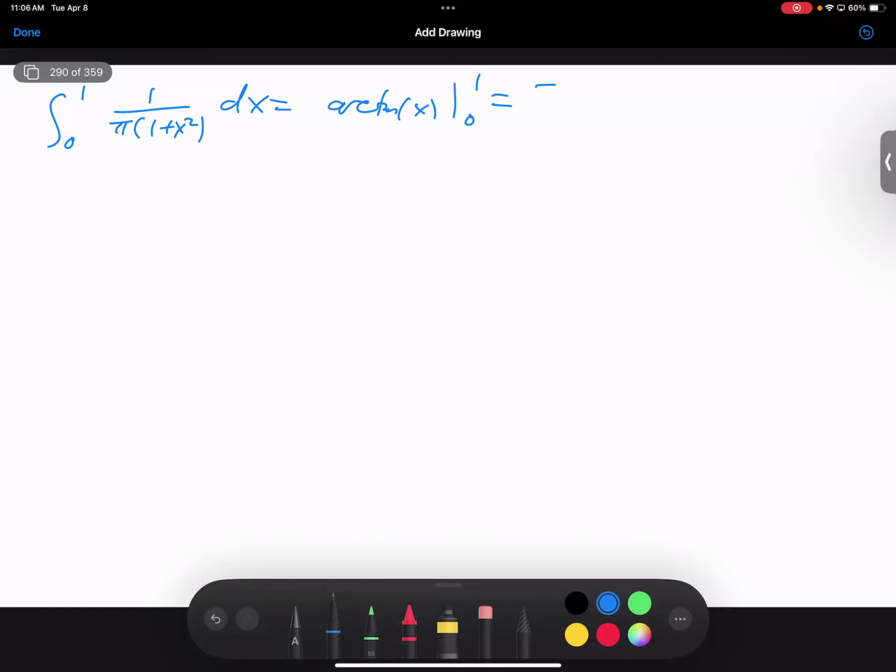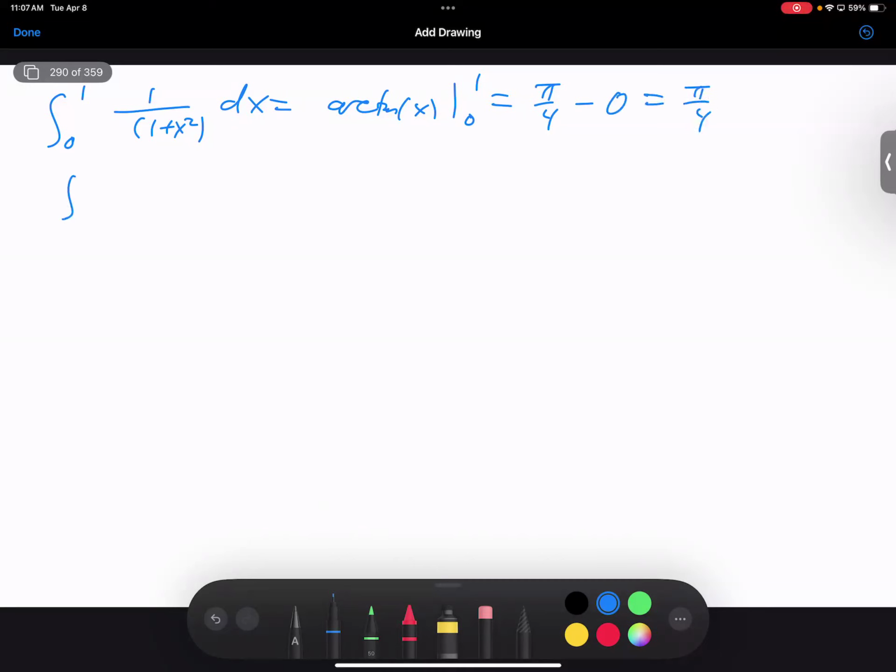So you just get pi over 4. No, sorry. There's no pi when I'm doing it like this. It's just pi over 4. And then what angle has a tangent of 0? 0. So it's just pi over 4.